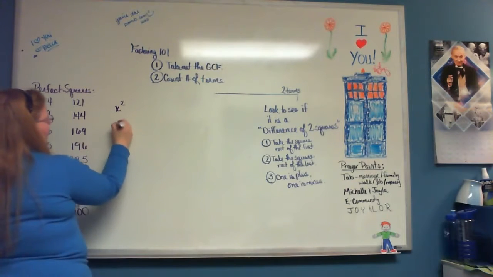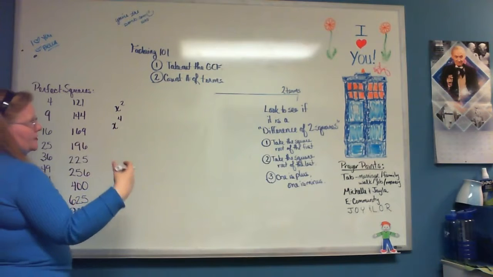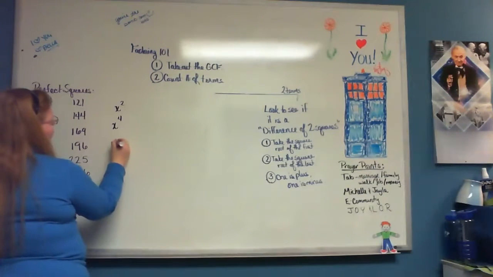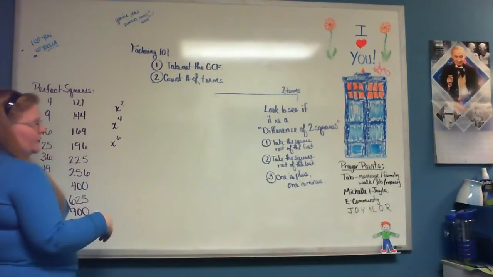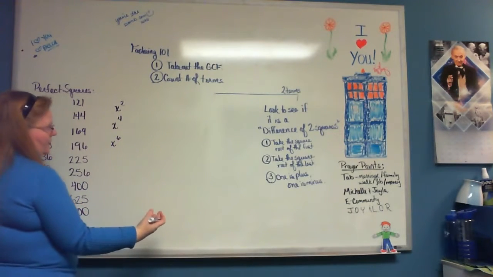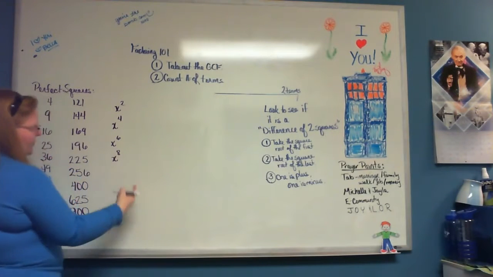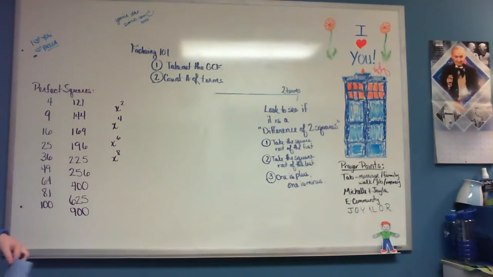What about x to the 4th? That's a perfect square because it's x squared times x squared. What about x to the 6th? That's a perfect square because it's x to the 3rd times x to the 3rd. So forth and so on. And just like you can do it with x's, you can do it with y's and with anything else.